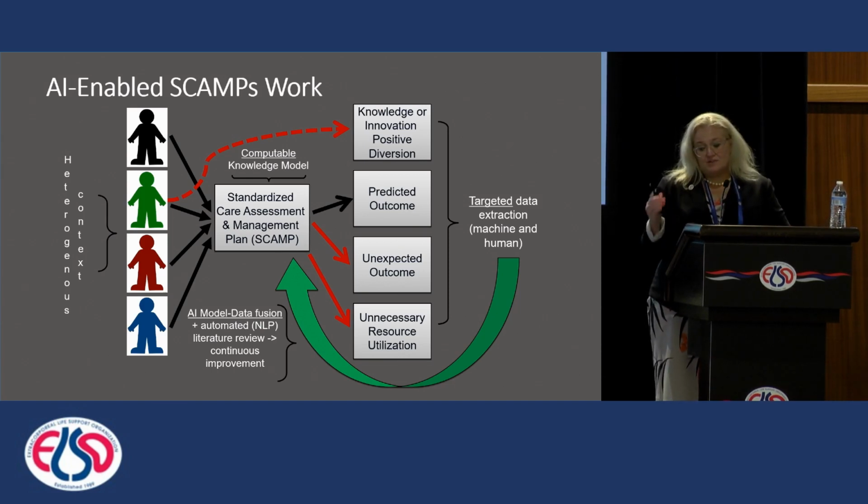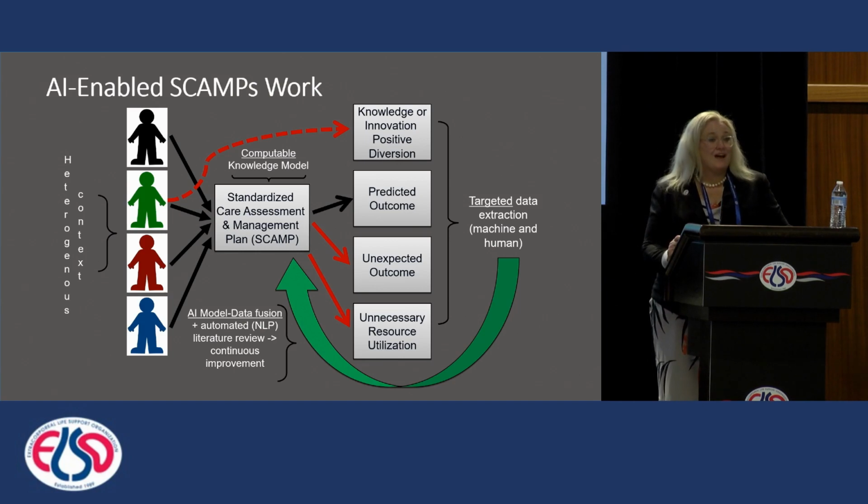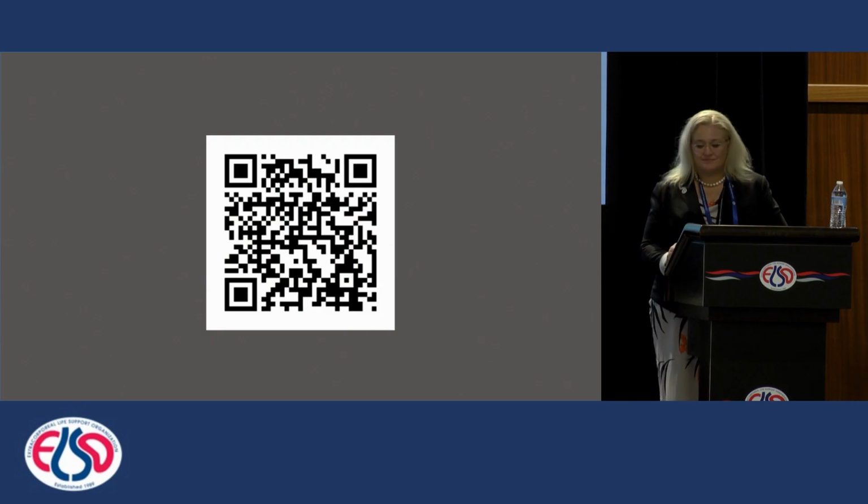And to use machine learning and AI models informed by human knowledge, that's us, to then iterate the next versions of the SCAMP, of the algorithm that will then inform care for the next patient. And at the same time, still actively targeting the deviations from care, not for penalisation, not as a quality metric in isolation, you didn't follow the pathway, but rather as a driver for new knowledge acquisition.